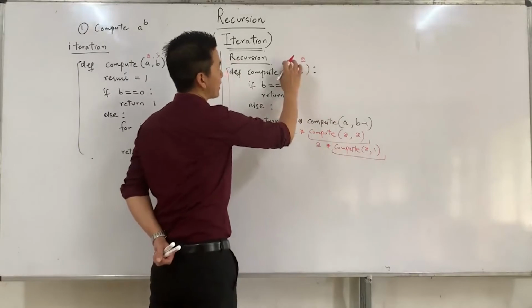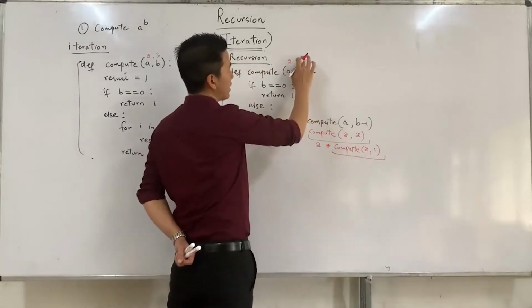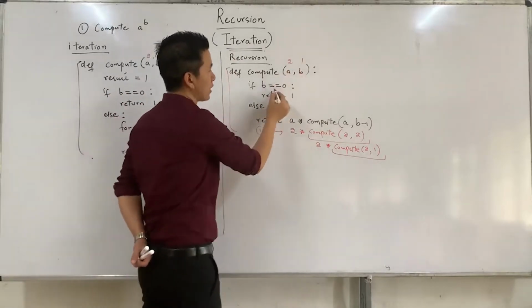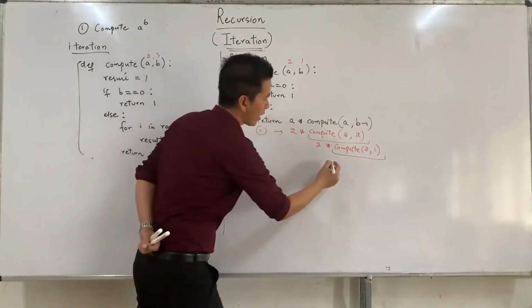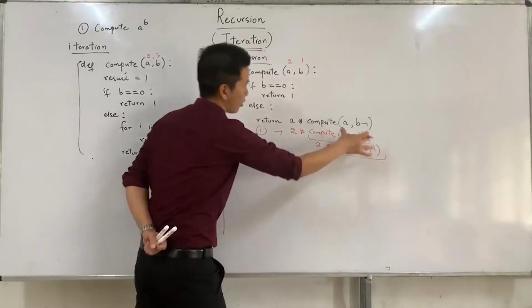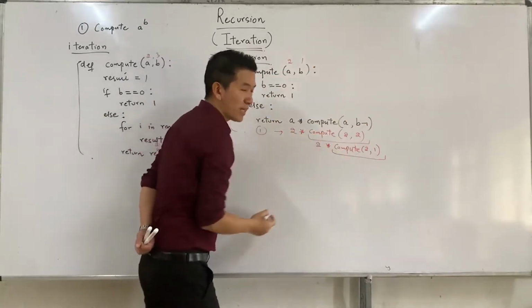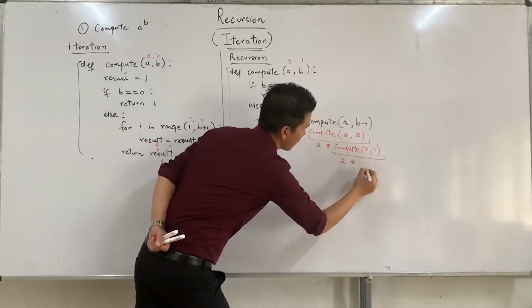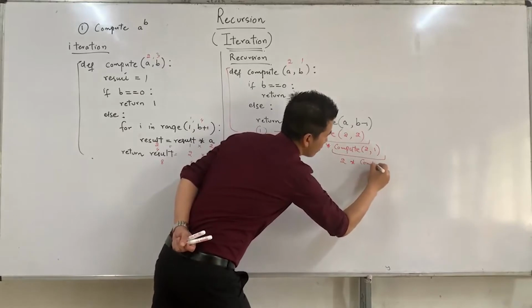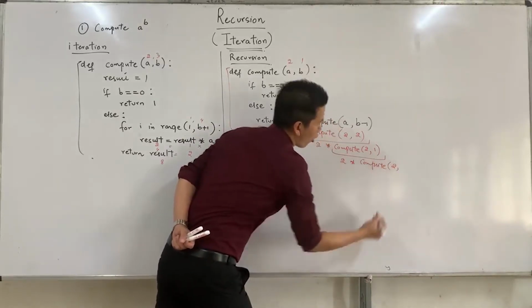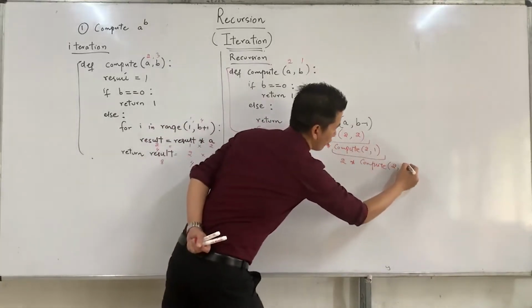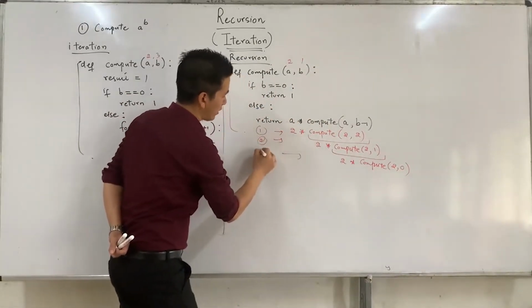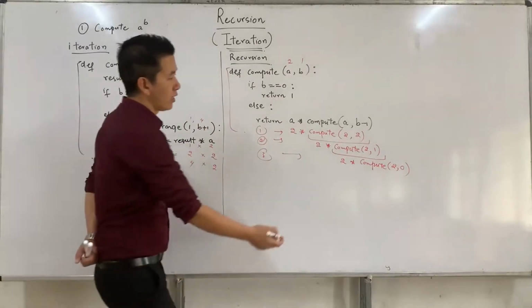So 2 will be assigned to A, 1 will be assigned to B. Again, it gets in, the condition is false, and then for the one final time, it will generate this call. This call will again generate the return statement as 2 into compute of 2 comma 1 minus 1 is 0. Alright, so this will be the second call and this will be the third call, right?